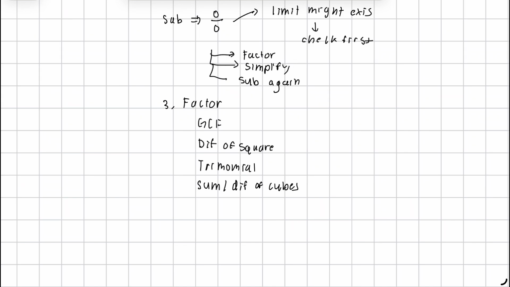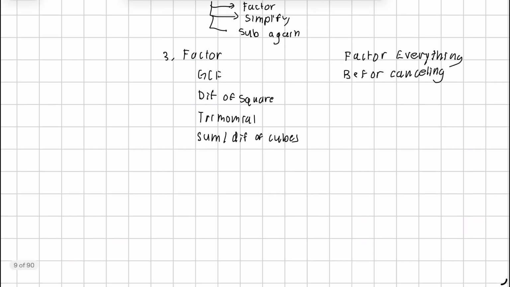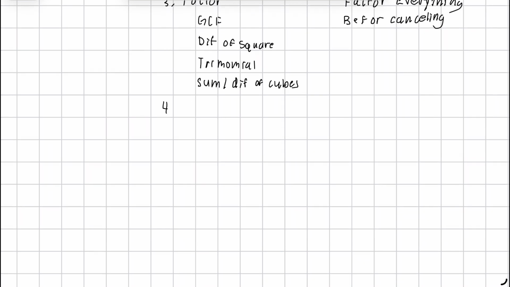The rule is you want to factor everything before canceling common factors in your numerator and denominator. So you only want to cancel the common factors. For example, if you have x minus 2 times x plus 3 over x minus 2, we cancel x minus 2 and we're left with x plus 3.